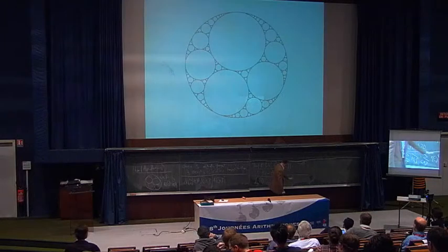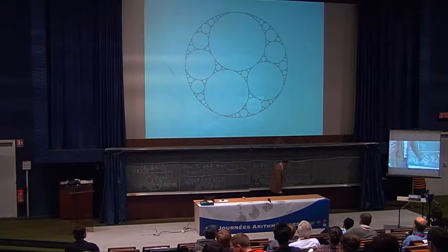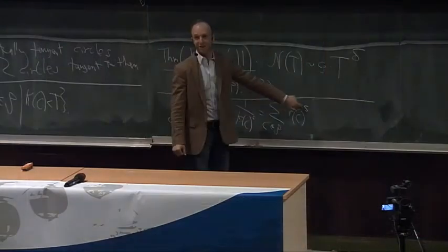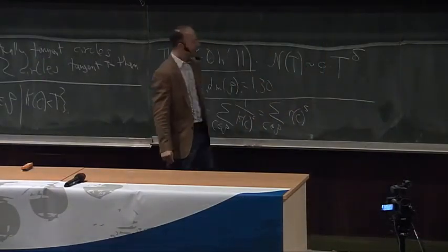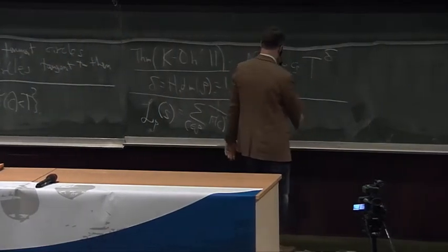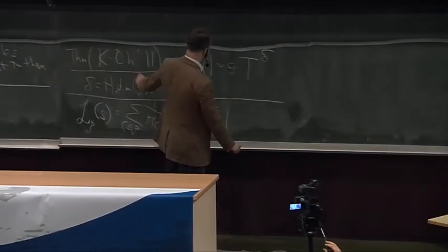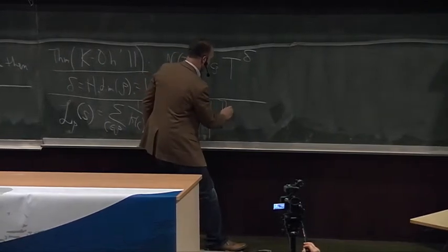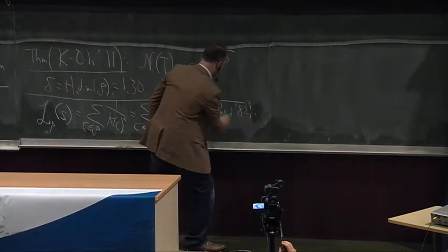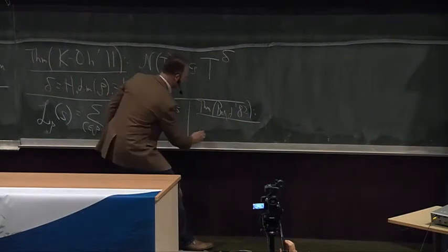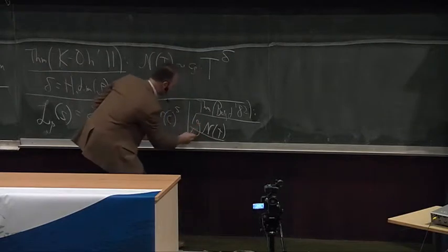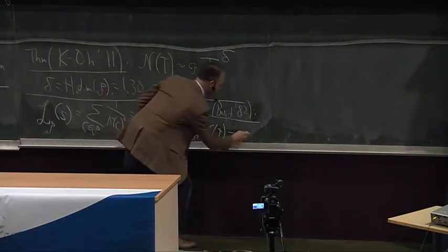And you might be able to smell already from this formulation that the Hausdorff dimension is going to be the abscissa of convergence of this L series. And if you make this precise, so what you can actually get almost by definition, there's some work to be done, is an old theorem of Boyd's from the 80s, that log of this over log T converges to delta.